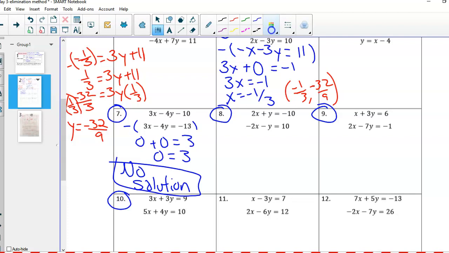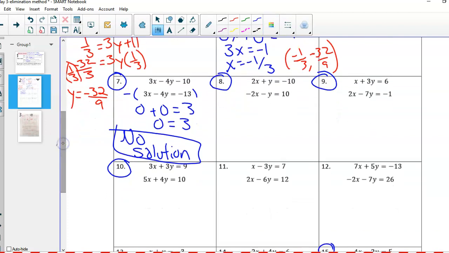For 8, do we have a variable with the same coefficient? They both have the same number, 2 and 2, 1 and 1, except one is positive, one is negative. That does not matter. So yes, we have two, but for our purposes, let's just pick one.